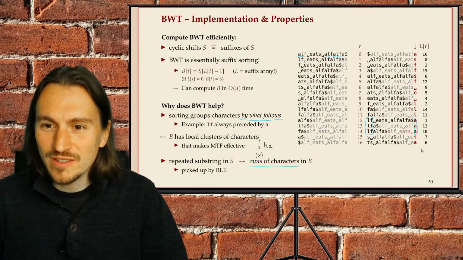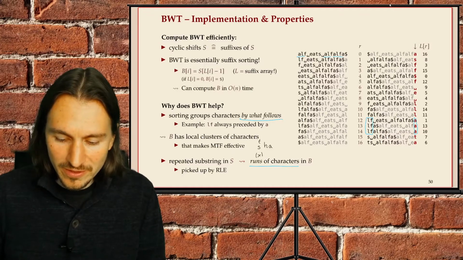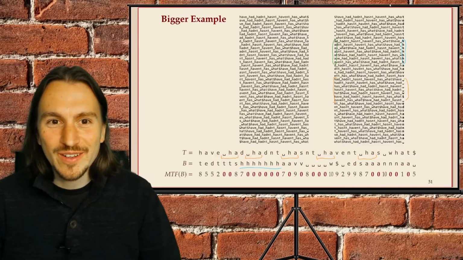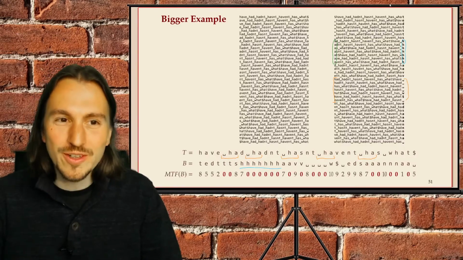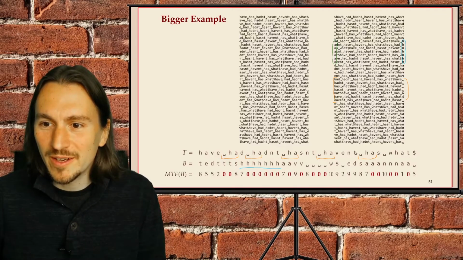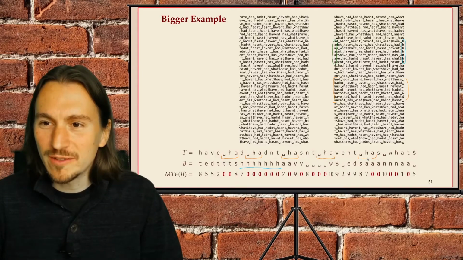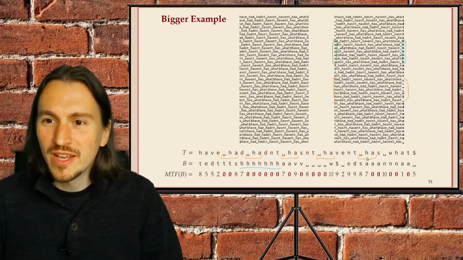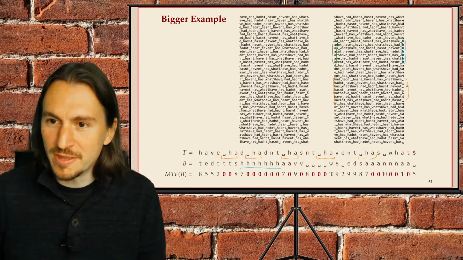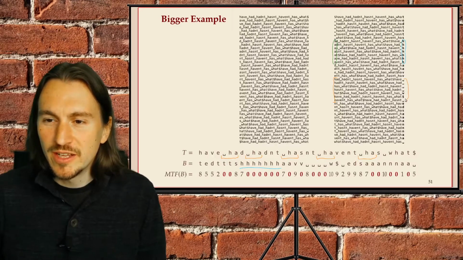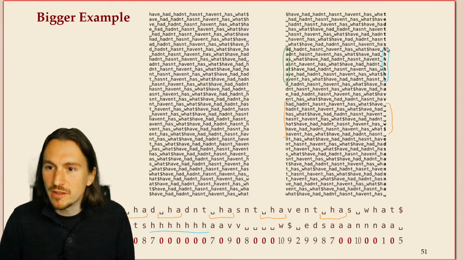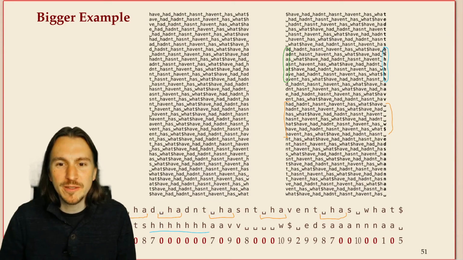And we noticed that this transformation has some cool properties in that if the original string has repeated substrings, for example, the orange ones here, that occur exactly repeated or very similar, then you will also find these grouped together in the Burrows-Wheeler transform, and they will give rise to local clusters of characters, which can be in the form of pure runs, the same character repeated many times.